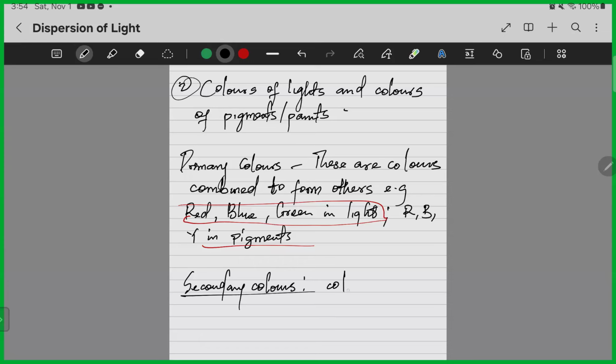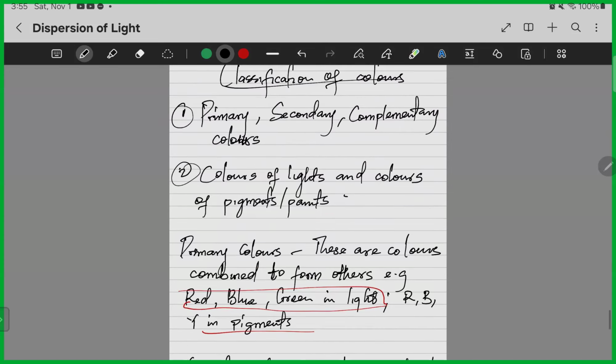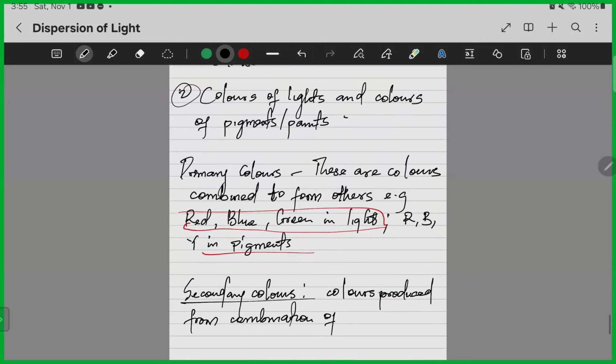These are colors produced from a combination of two primary colors.